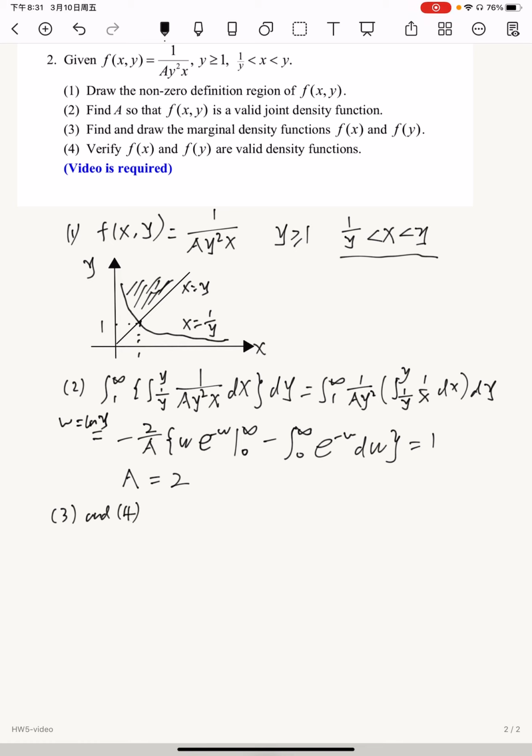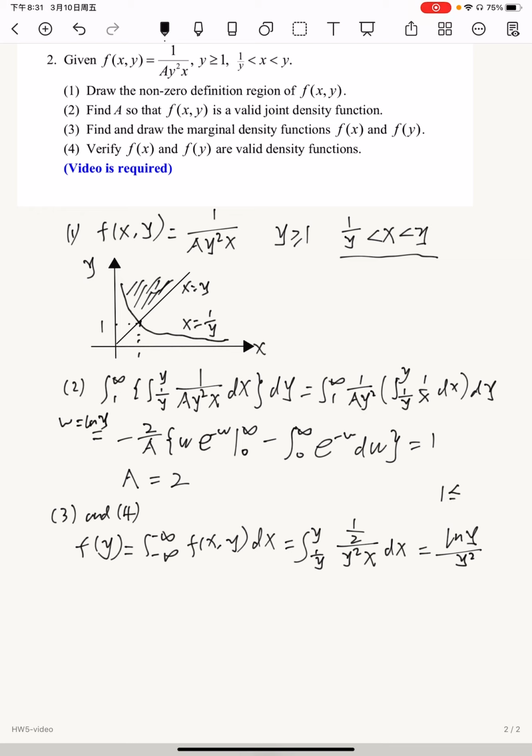We know that we can calculate f_Y, which equals the integral from minus infinity to infinity of f(x,y) dx, which equals the integral from 1 divided by y to y of y squared x dx, which equals ln y divided by y squared when 1 is less than or equal to y less than infinity, and this is 0 otherwise.